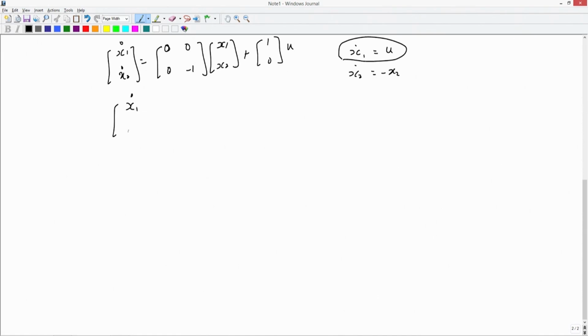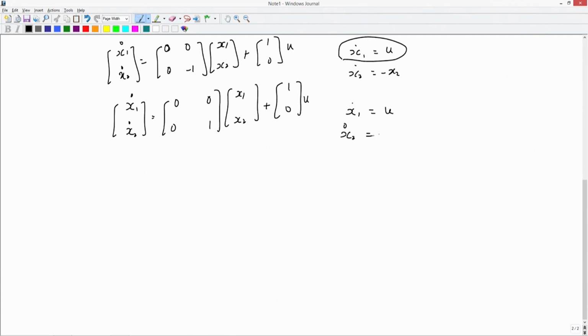Take instead a system which is like this, 0 0, 0 1, times x1 x2, plus 0 1 and u, which means it is the same system, x1 dot is u, x2 dot is plus x2, and let us see how the uncontrollable part of the system behaves here and here.